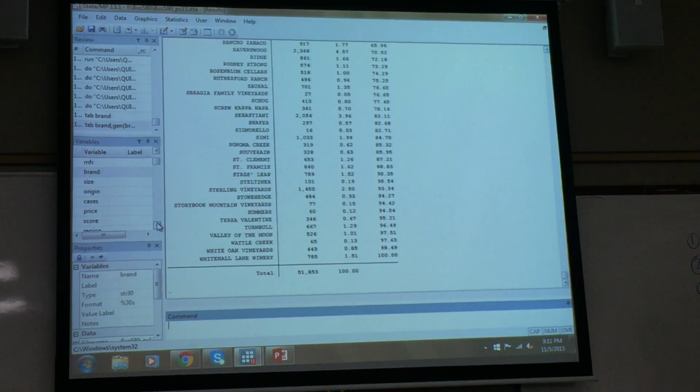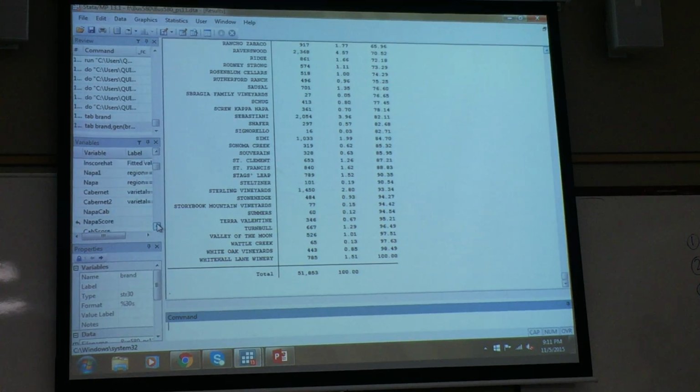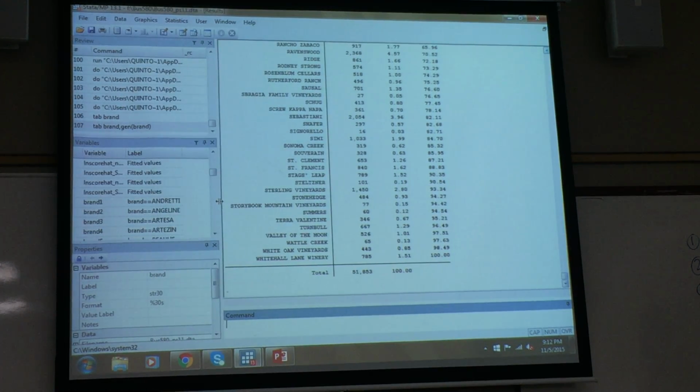Now, scroll down to the data set. Brand1. Brand1 is a dummy for Andretti.